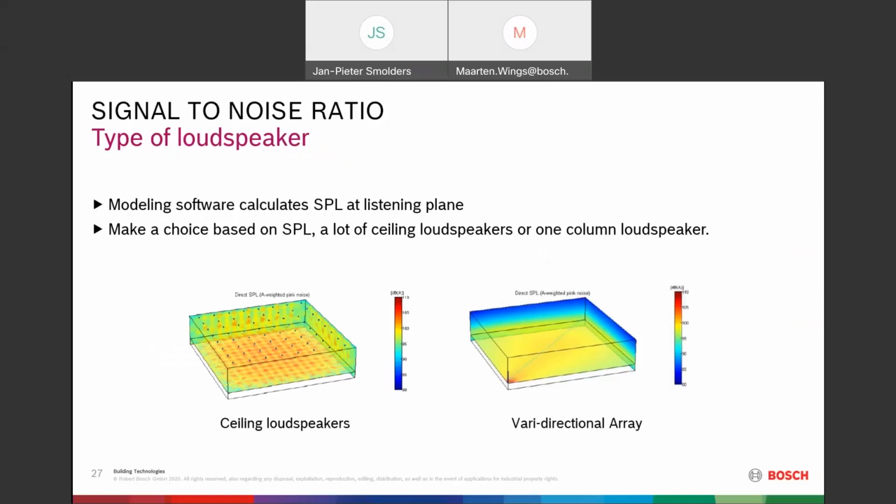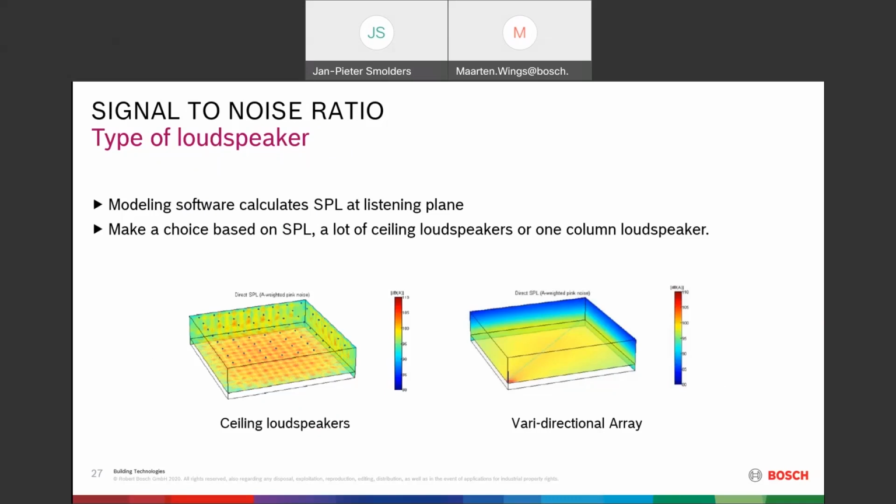Now there is modeling software available on the market where you can calculate the sound pressure level at the listening plane. You see here on this screen two examples. And here you can make a choice of the type of loudspeakers that you want to use. For instance, on the left side, you see a lot of ceiling loudspeakers covering this whole area.